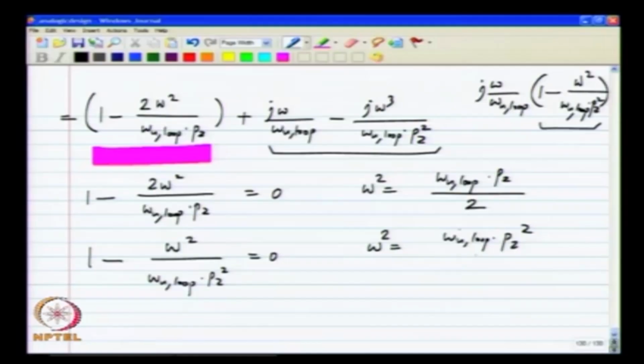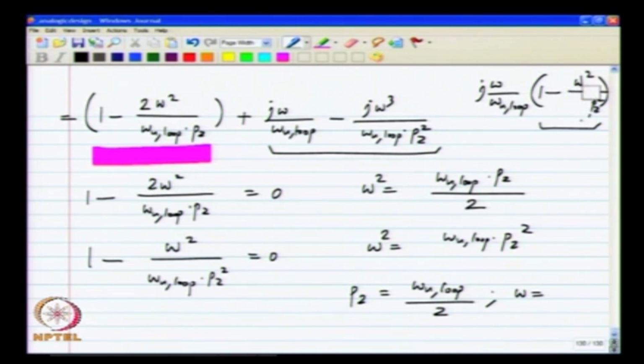By equating these two, we see that if p 2 is omega u loop divided by 2, these two equations are satisfied, and also omega will be equal to... sorry, I made a mistake here.